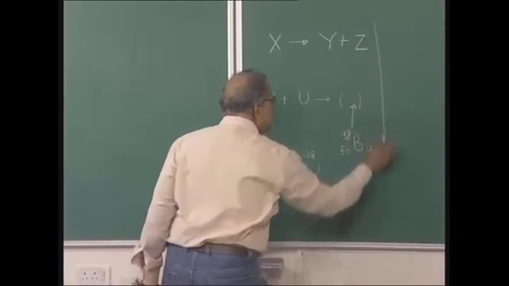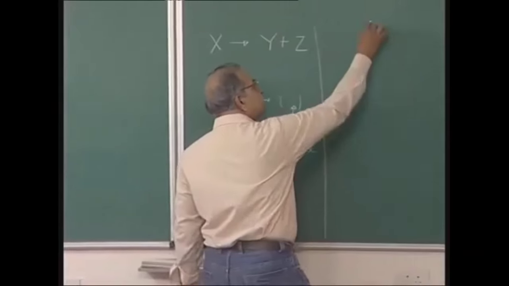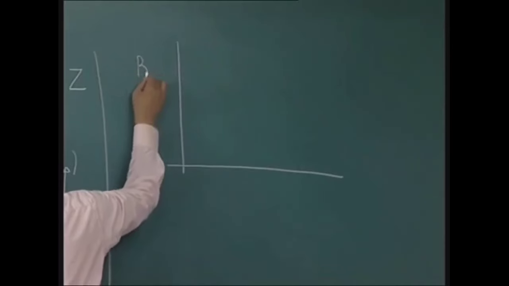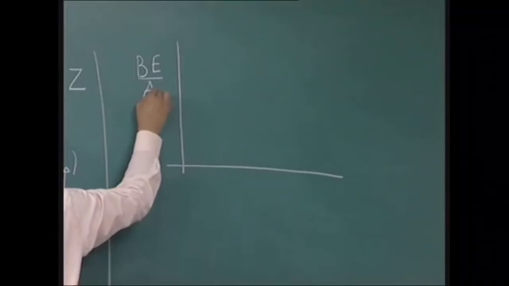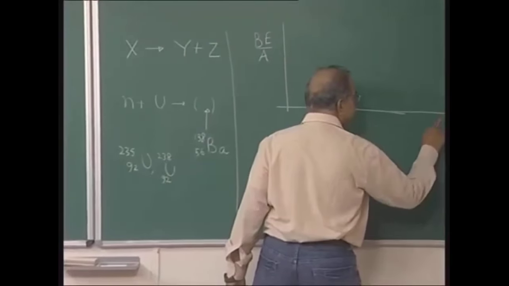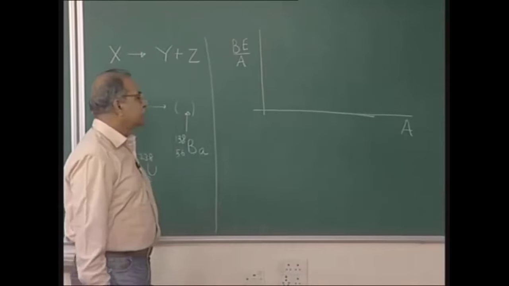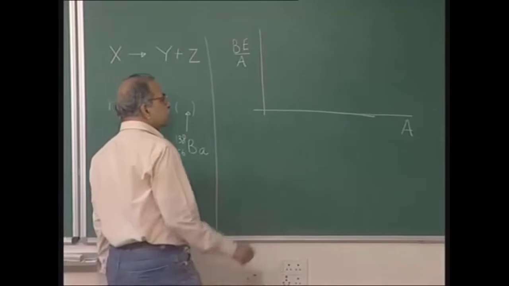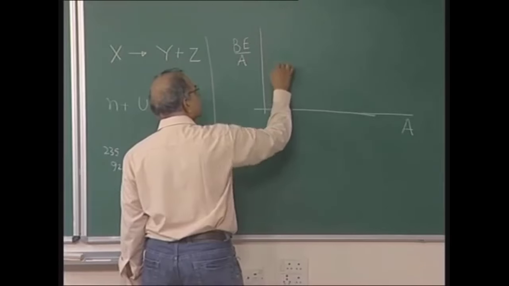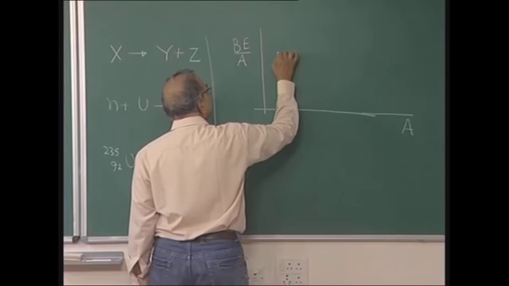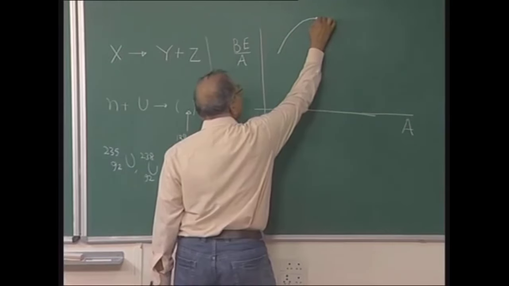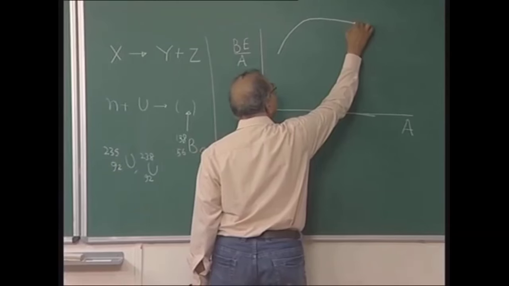Now, let us understand it from the binding energy diagram; you remember the binding energy of nuclei. If I plot binding energy per nucleon, that is binding energy divided by mass number, against mass number, as we did in the initial set of lectures, then with some irregularities, not very smooth, it rises, goes through a maximum, and then slowly decreases.